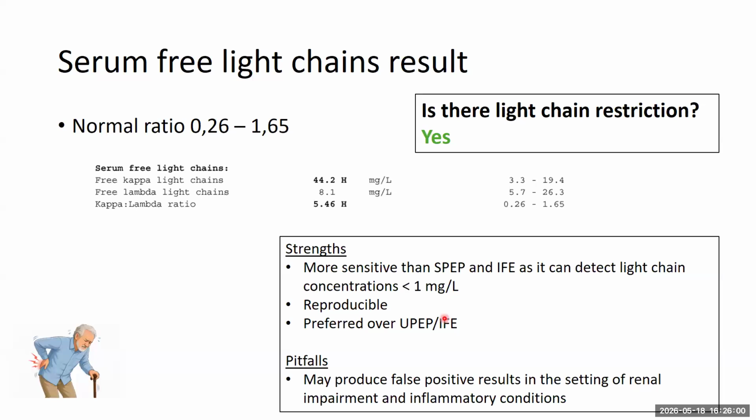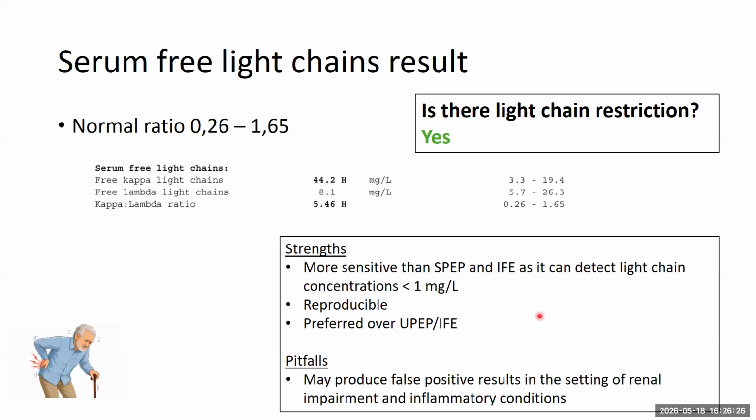But in addition, urine protein electrophoresis is a semi-quantitative test and more labor-intensive, whereas serum-free light chains is fully automated. Some of the pitfalls here is that it can produce a positive result in the setting of renal impairment and inflammatory conditions, as both light chains can be increased proportionately.